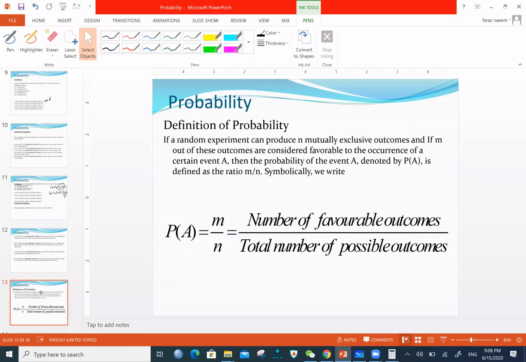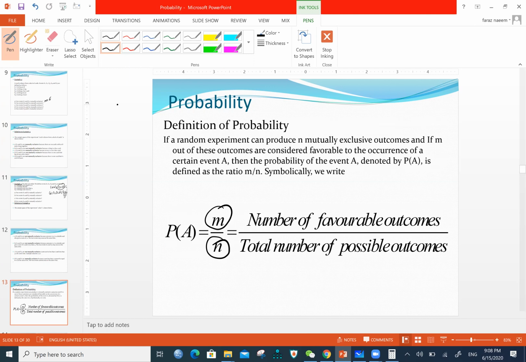Now we jump into the formal definition of probability. We have already used this definition when we started our lecture: total number of favorable outcomes divided by total number of possible outcomes in the sample space. I started my lecture by explaining this definition.